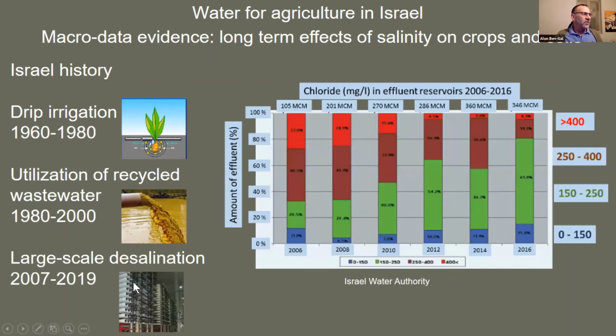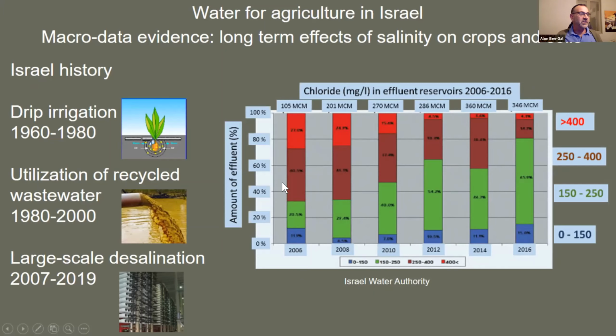And then the third thing that's happened in the last 12, 13, 14 years, since about 2007 with the first big desalination plant on the Mediterranean coast in Ashkelon, is that we've seen more and more desalinated water come into our system. I'm showing it here as a function of salinity, in terms of chlorides in effluent reservoirs around the country, comparing 2006 until 2016.